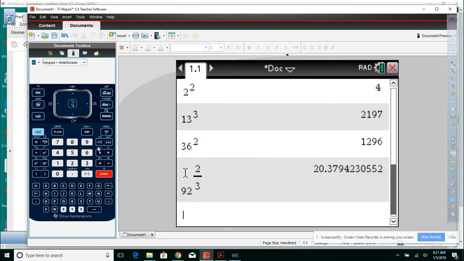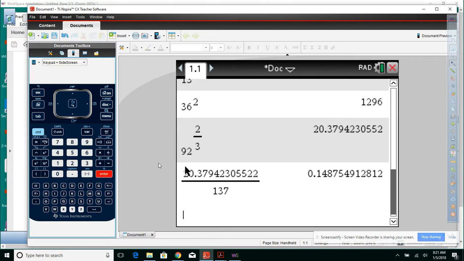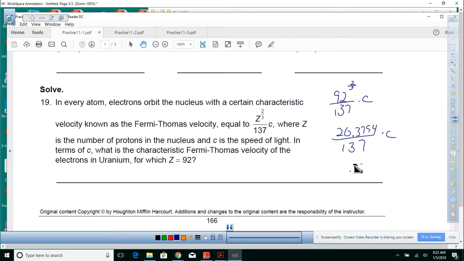And we'll go back here and we'll just divide by 137. And that gives us 0.1487. All right, so 0.14875 and so on. See, so that's approximately 0.15 c. All right, not a problem.